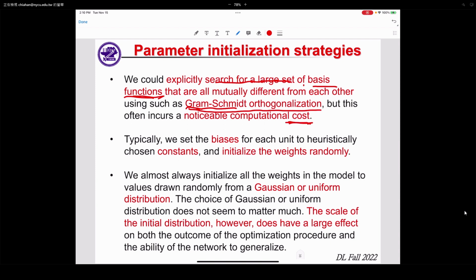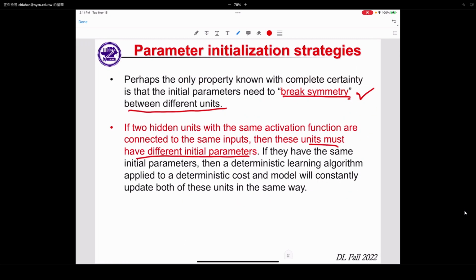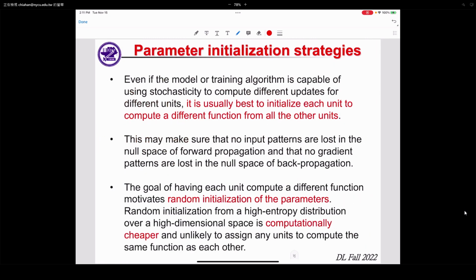You have to make sure that they are orthogonal to each other, and this cost is a problem. We want each unit to function on different things. Of course, it's best if they are doing things orthogonal to each other, and maybe it's better, but the cost is high.